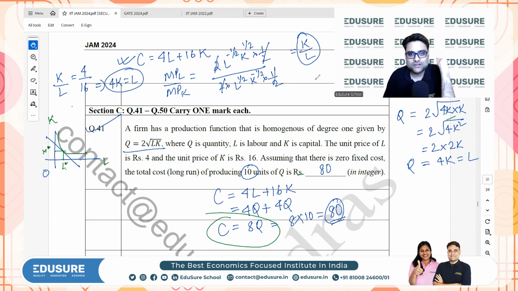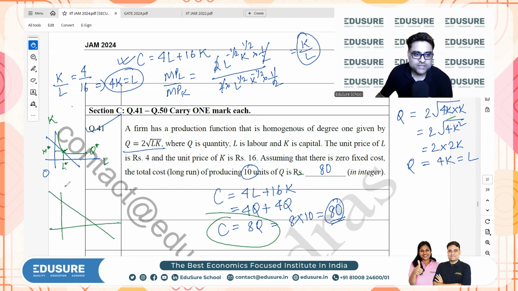Why did I equate the two slopes? In consumer behavior, what did we do? Isoquant is the same quantity, different L and K. So given a particular cost, what is the maximum quantity that I can produce? That is what will happen at the tangency point.